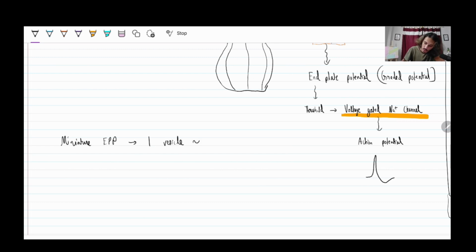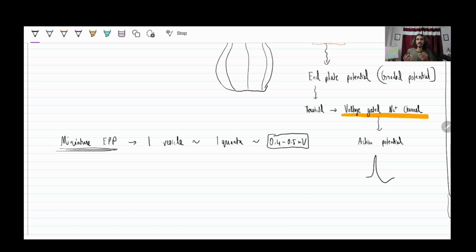That will result in one quanta, and that corresponds to around 0.4 to 0.5 millivolt of the current. So miniature end plate potential is talking about whatever electrical current will pass through these receptors when one vesicle is released. That one vesicle corresponds to one quanta.